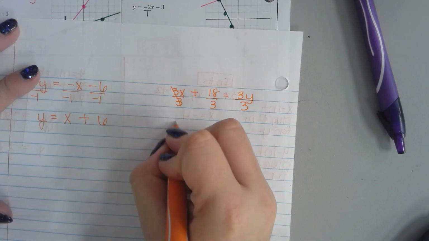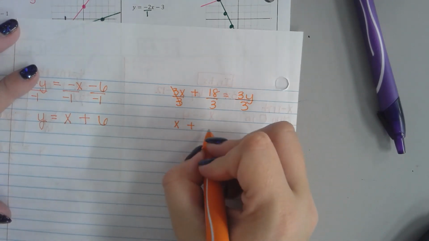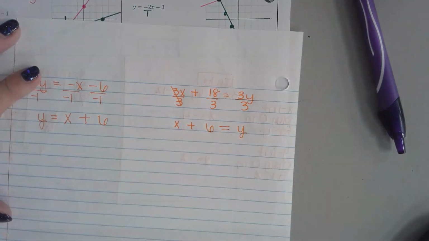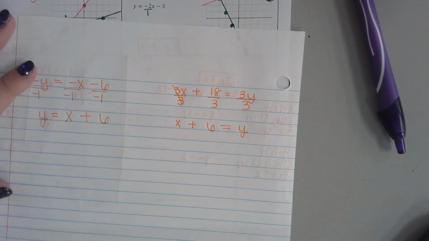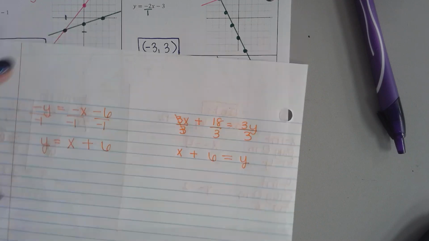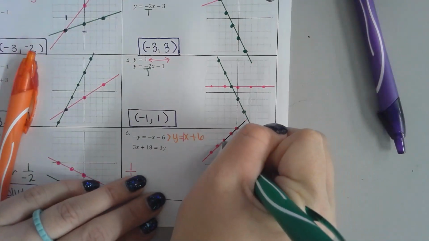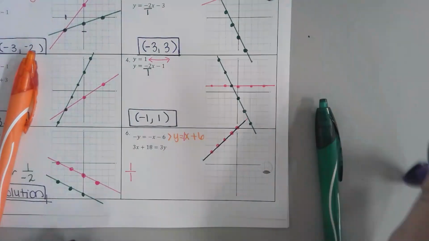And that gives me x plus 6 equals y. Notice anything? It's the exact same line, which tells me what? Infinite solutions.